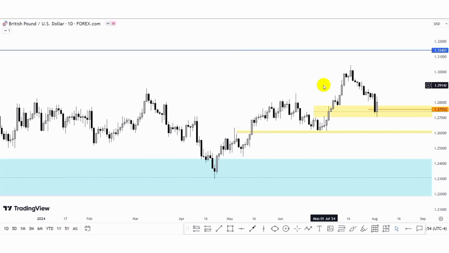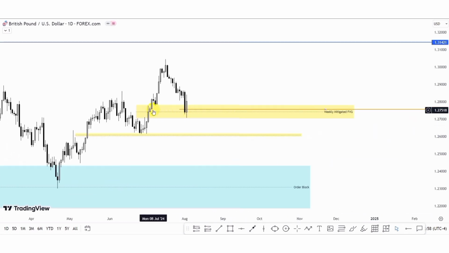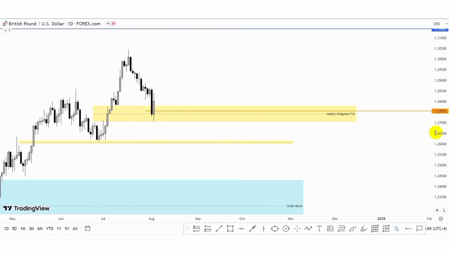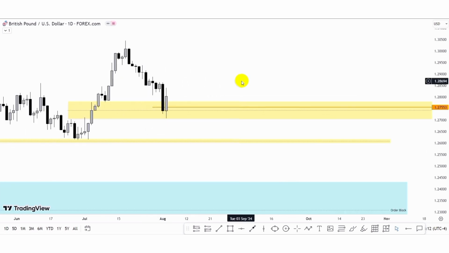So here in the daily time frame, what we can see is the mitigation of the weekly fair value gap. And now we can see that price gave us this up close candle on Friday, and price is reacting at this order block.